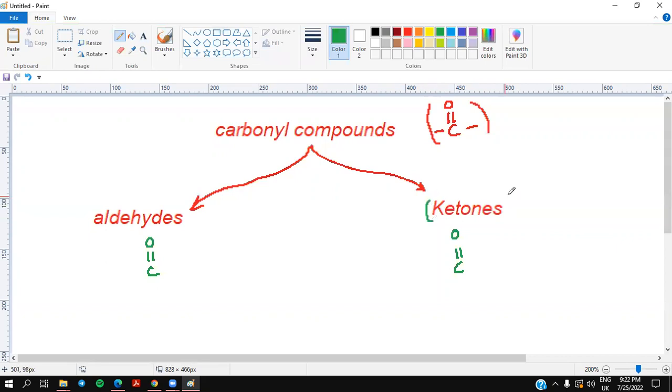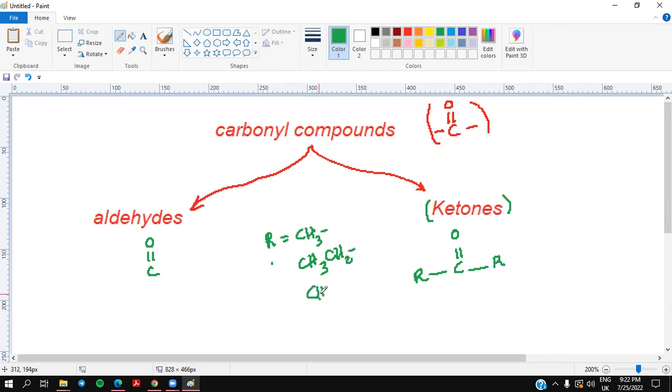Now, when I go to ketones, in ketones there are two R groups attached to the carbonyl functional group on either side. What's the meaning of R? R can be CH3. It can be CH3CH2.